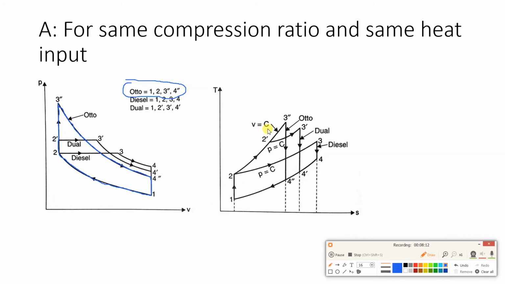Now if you consider the TS diagram, we will plot the Otto cycle on the TS diagram. So 1 to 2 is isentropic compression in the Otto cycle. Then 2 to 3 double dash is constant volume heat addition in case of the Otto cycle.